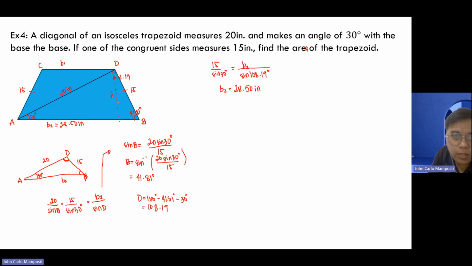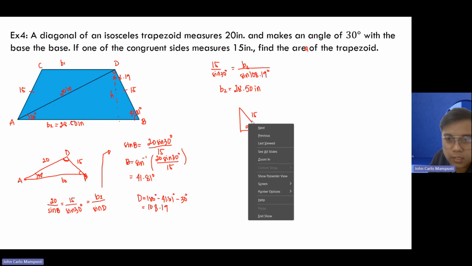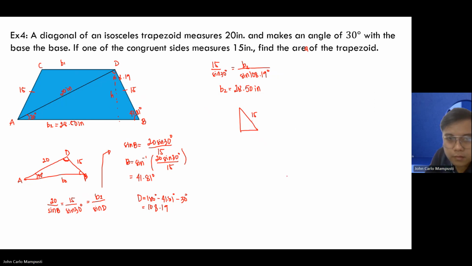Ano pang kulang natin? So we need the height, no, and B1. So compute natin yung height. Sabihin natin this is x, kailangan din kasi natin yan to find B1. This one is x. So kung x to, mag-drawing tayo dito ng height. This is also x.